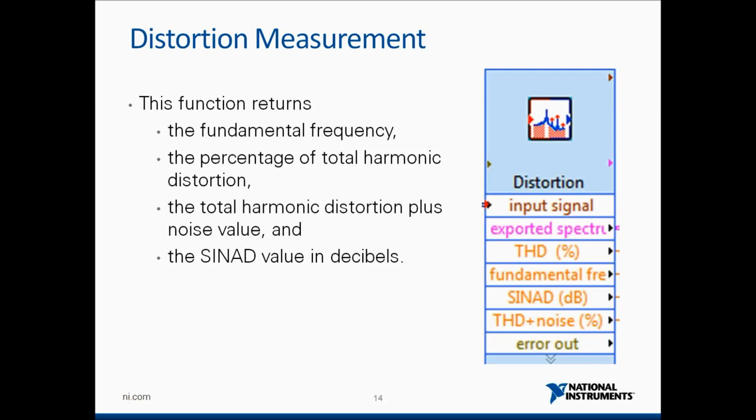So what do these VIs do? The input to all these VIs is a time domain signal, and the output depends on what the VI is supposed to do. Definitely all of these are doing frequency domain transformations, and depending upon the functionality of the VI, they do some frequency domain analysis. Let's look at these VIs in detail.